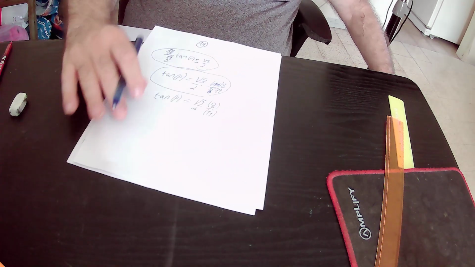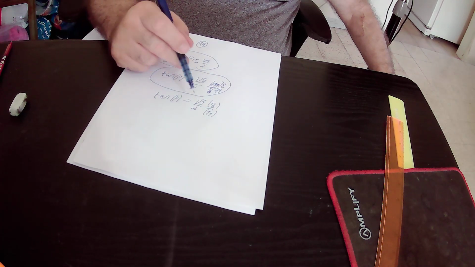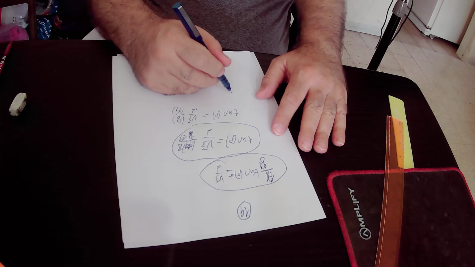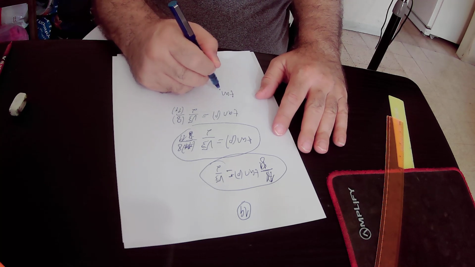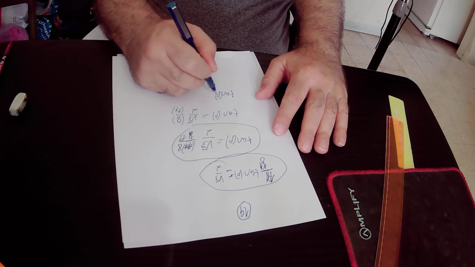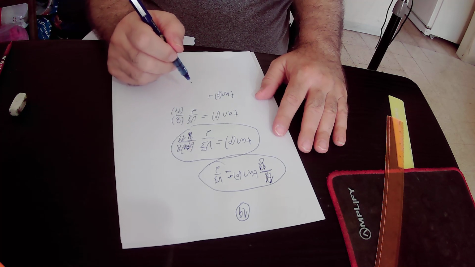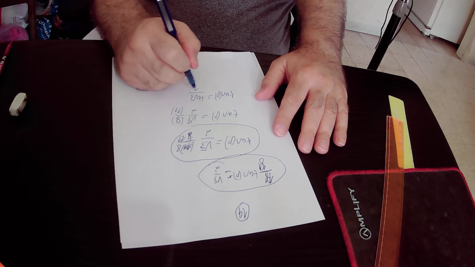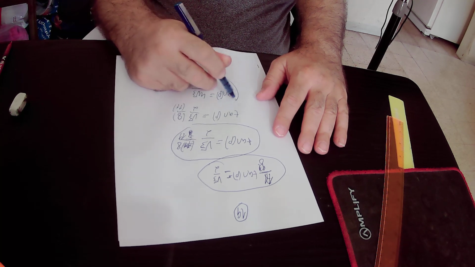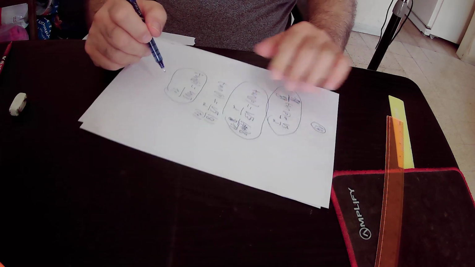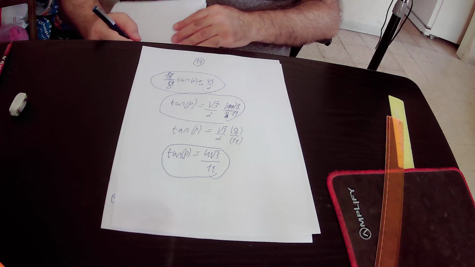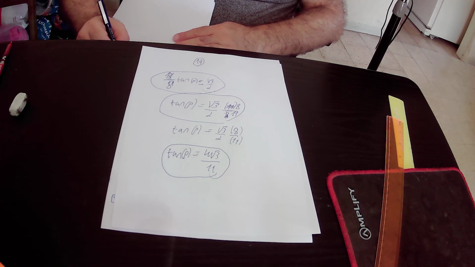Here 8 over 2 is 4, so I write it down. We get that tangent p equals 4 times root 3 over 11.